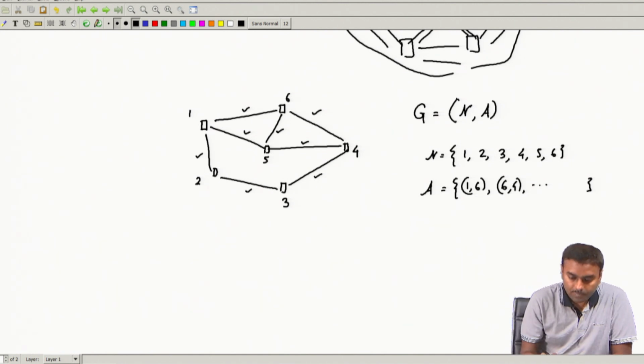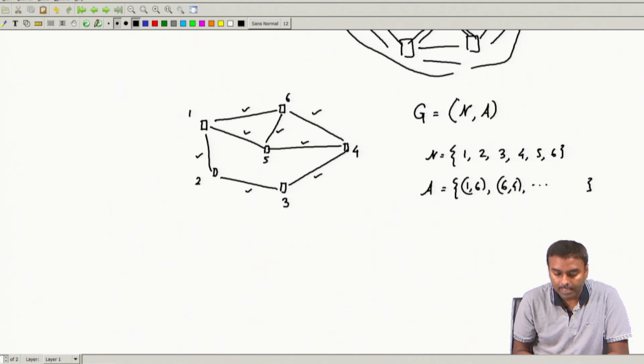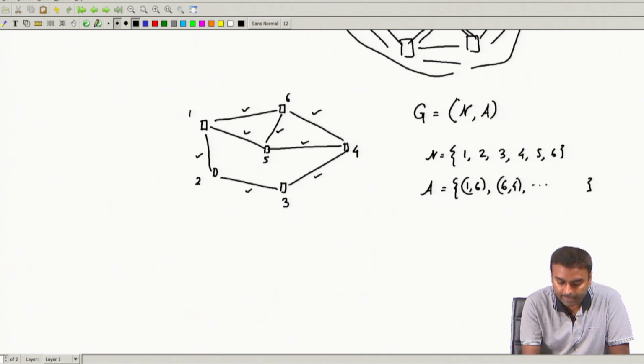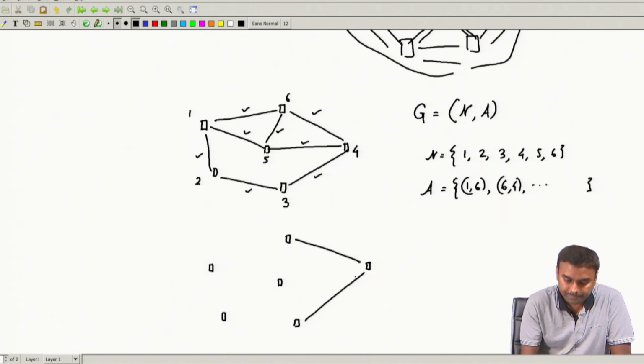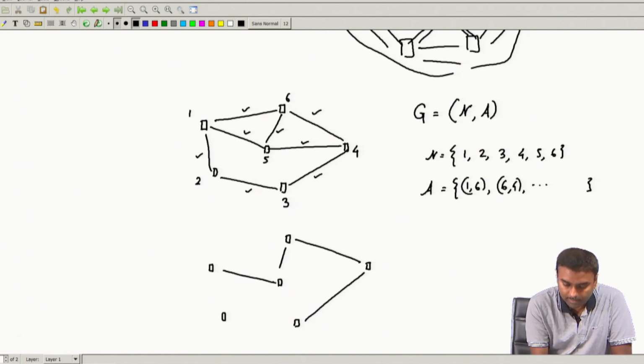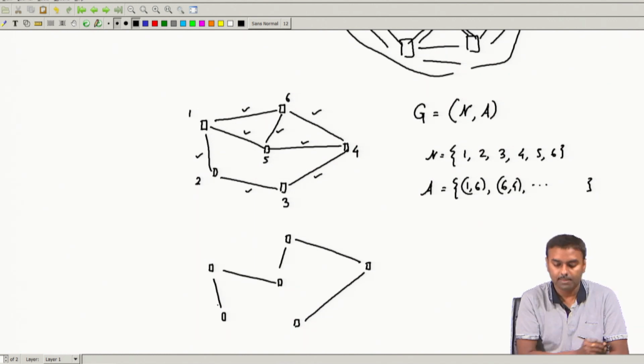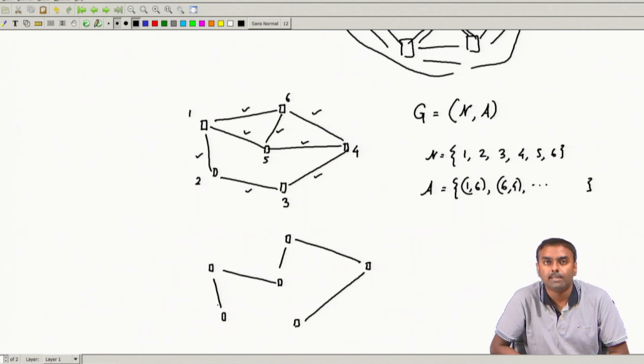So, if I take 6, 1, 2, 3, 5 and 4 and give a connectivity like this, I take this link, this link, this link and this link, that is a spanning tree.